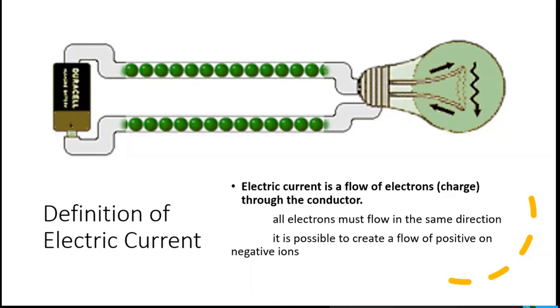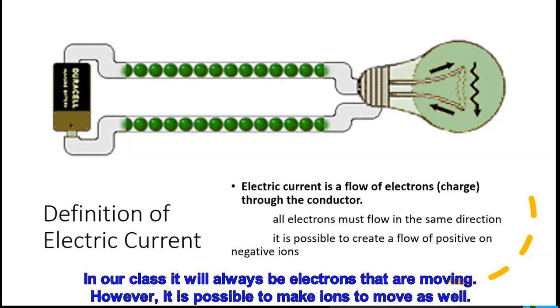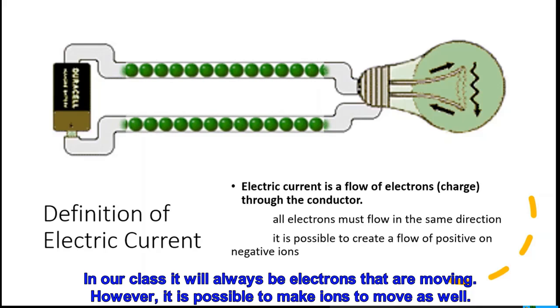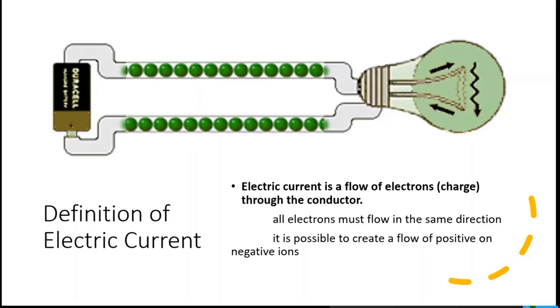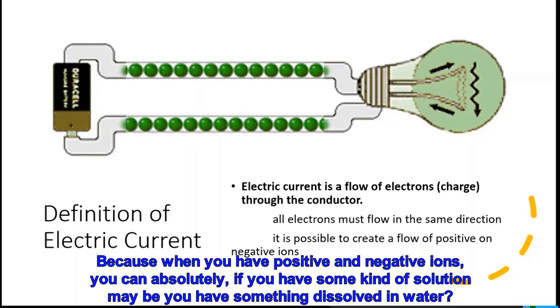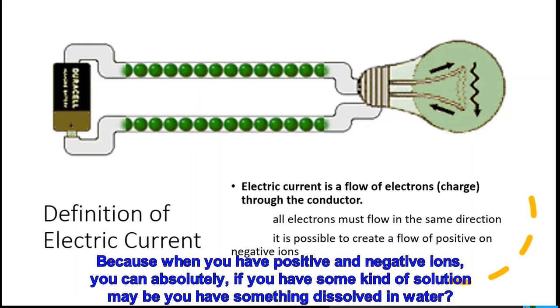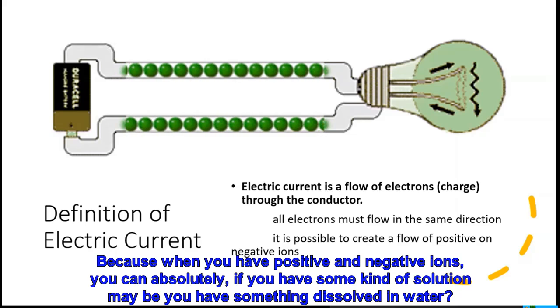Now, the next one is electrons or charge, right? In our class, it will always be electrons that are moving, okay? However, it is possible to make ions move as well, because when you have positive and negative ions, you have some kind of solution, right? Maybe you have something dissolved in water.